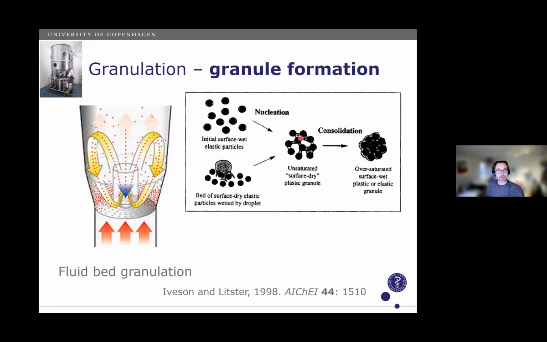In some cases, it's good enough to know experimentally that if I add 400 grams of granulation liquid, then I get too big granules. And if I have 200 grams of granulation liquid, then I have too small granules. So 300 must be the optimum. Sometimes that is enough. But in some cases, you would like to know more about why things happen, and then you increase your process understanding.